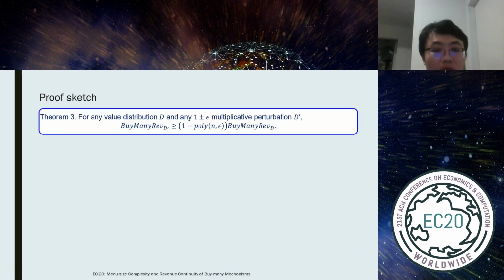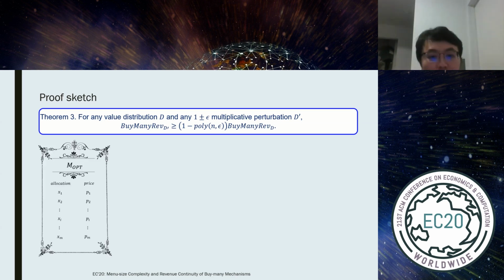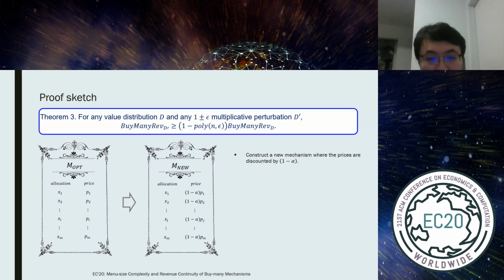Okay, so now we'll give a sketch of how we can prove the revenue continuity result. So we start with the optimum revenue for the original distribution. And we will construct a mechanism for the distribution D' after perturbation such that the price of each option in the original mechanism is discounted by a factor that is close to 1.